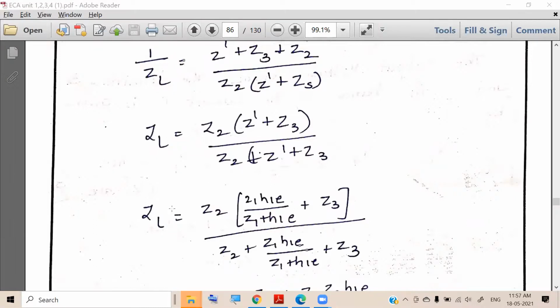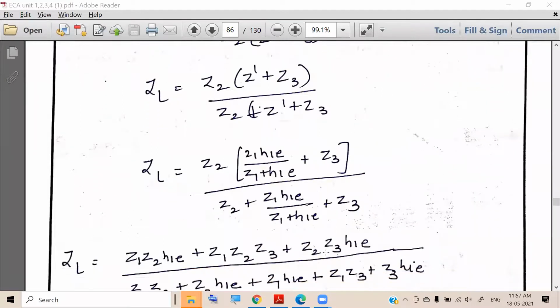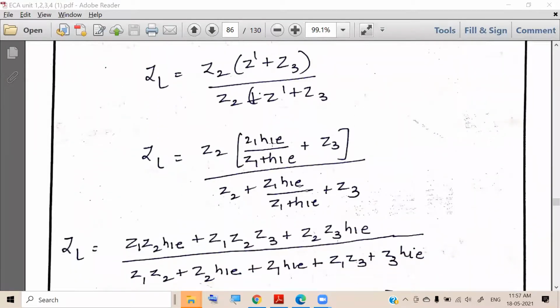Remaining everything as it is. Next, this is not in proper form: numerator by denominator, and in the denominator also we have an x by y form.